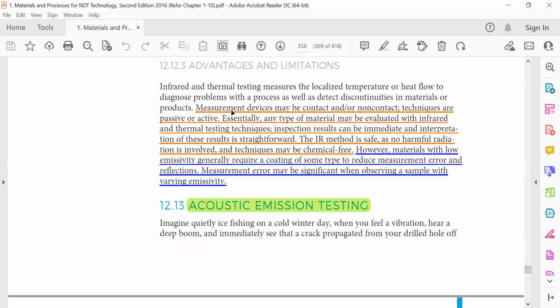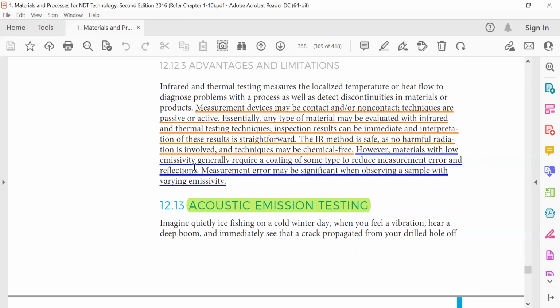The advantages and limitations: measurement devices may be contact or non-contact, and techniques are passive or active. Essentially, any type of material may be evaluated with infrared and thermal testing techniques, and inspection results can be immediate. Interpretation of these results is straightforward. The IR method is safe as no harmful radiation is involved. The techniques may be chemical free.